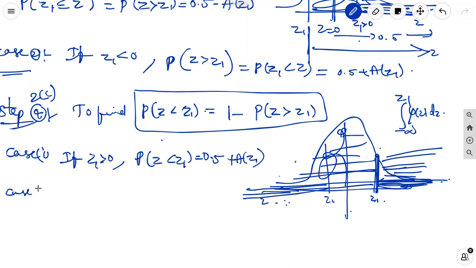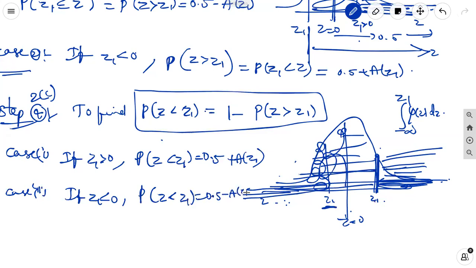Case 2, if Z1 is less than 0, that is on the left side of Z equal to 0. In this the probability of Z less than Z1 is equal to 0.5 minus area of Z1.